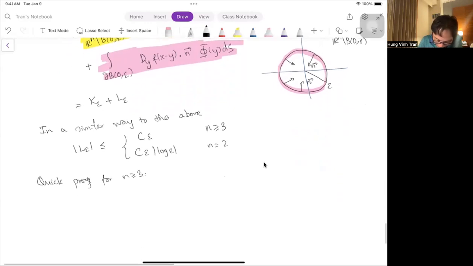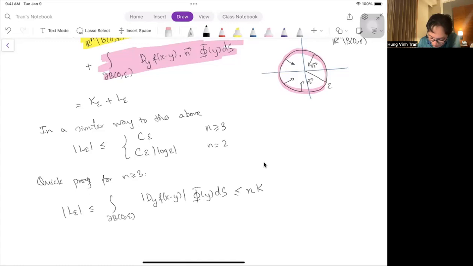Okay, so L epsilon is less than or equal to the integral on this boundary of dy of f of x minus y. The normal vector has length 1, so we can just throw it away. Phi of y ds. We have shown that f is bounded, so dy is bounded by the same thing, n times k.